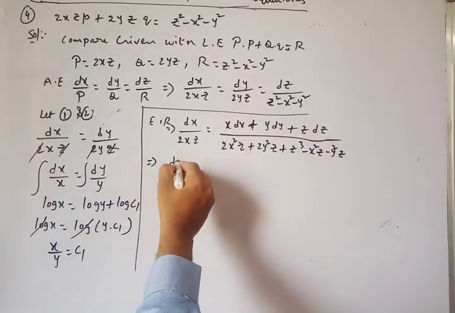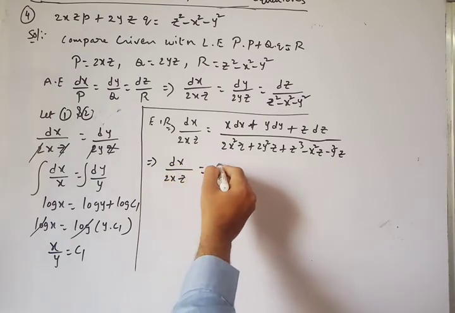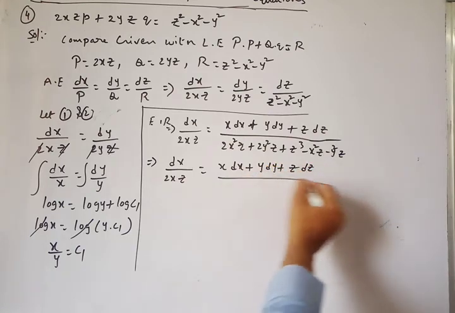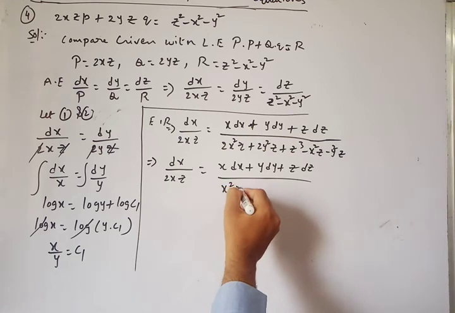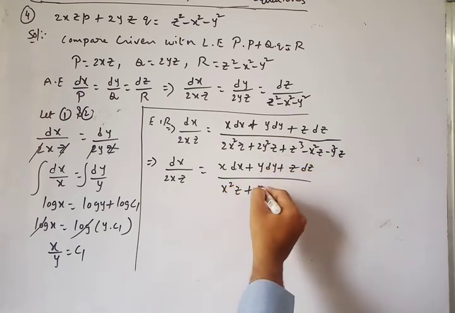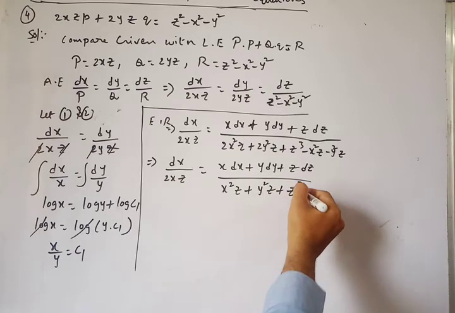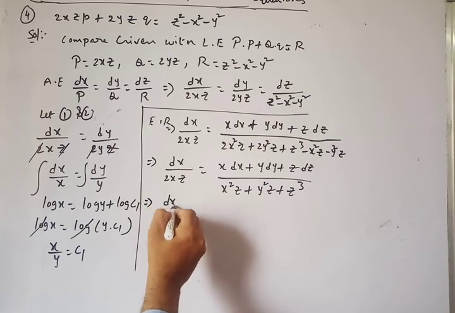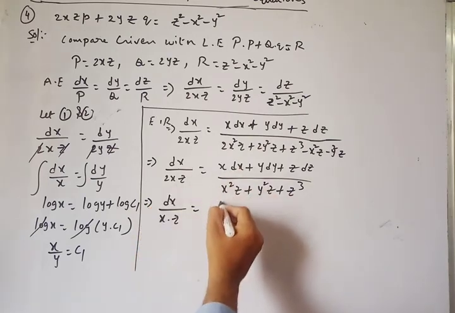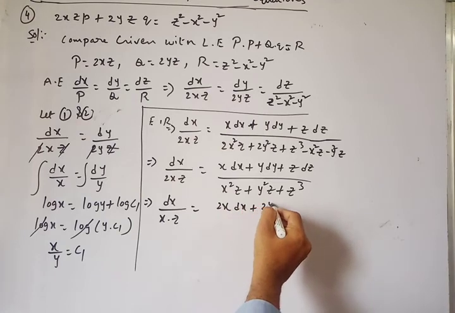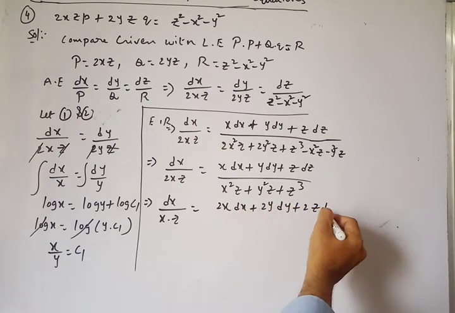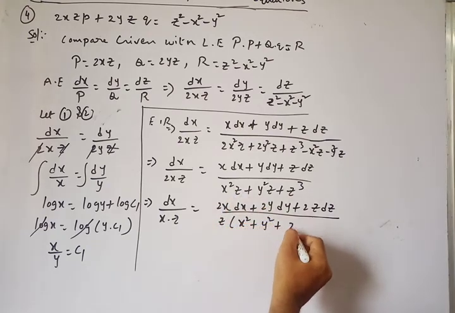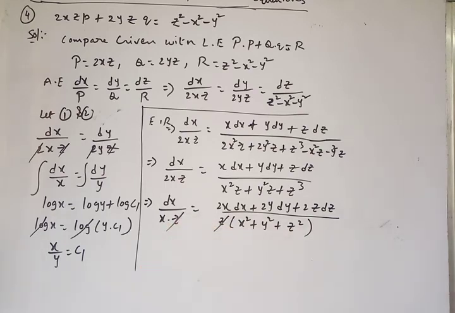See what I got: dx by 2xz is equal to x dx plus y dy plus z dz by 2x square z plus x square z... and here 2y square z minus y square z, y square z plus z cube, correct? So cross multiply: dx by x into z is equal to, this 2 will come this side, 2x dx, 2y dy, 2z dz by, take z common from all, x square, y square and z square. This z and this z got cancelled.